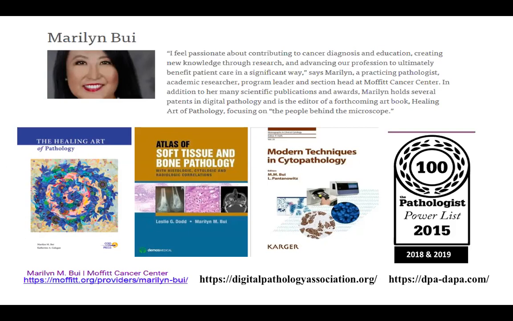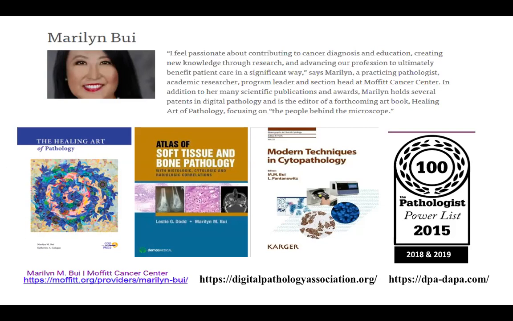In addition to bone and soft tissue, as I said, I also do cytopathology. We published a new book called Modern Techniques in Cytopathology. As you can see, molecular pathology and digital pathology are all mentioned in there. I'd also like to mention this book called The Healing Art of Pathology, because I love what I do for pathology.